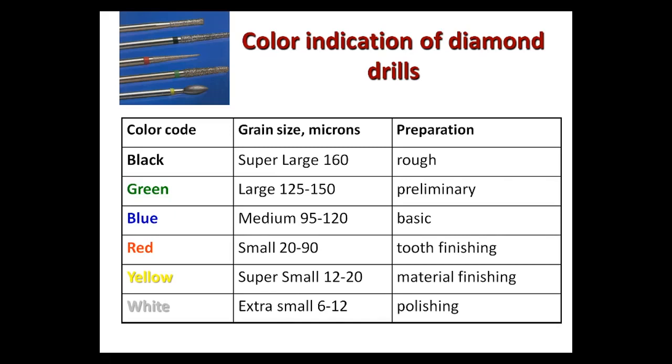Next, green color: it is large size and microns less than the previous, 125 till 150, and used for preliminary preparation. Then the blue ring on the neck of the drill means that it is medium size, about 95 till 120 microns, and used for basic preparation.